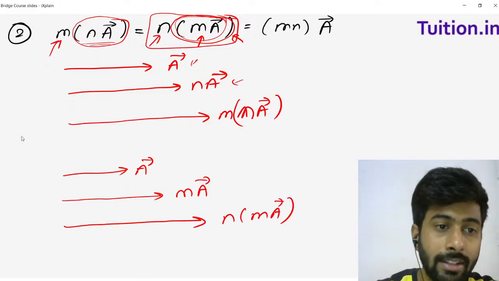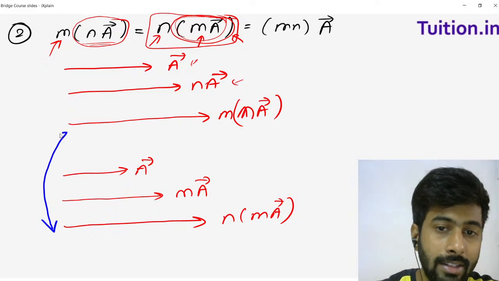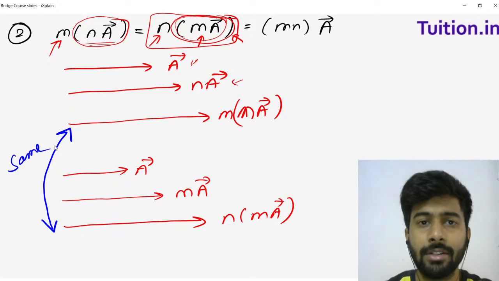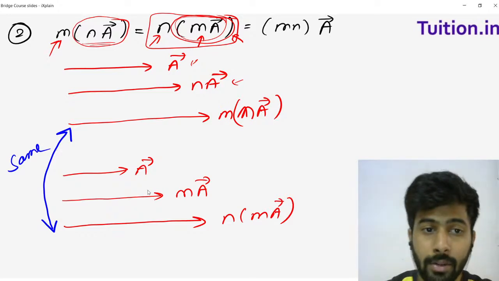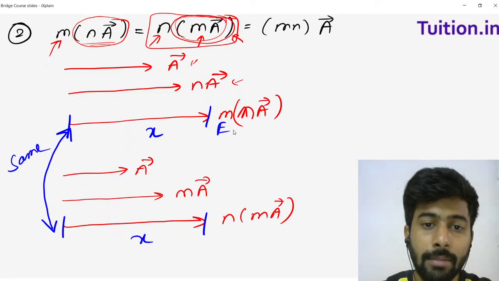Now the point here is this n m a bar and this m n a bar are the same. They are equal vectors because they have the same magnitude. As you can see, if this one is of x units, this one also will be of x units, and they will point in the same direction.